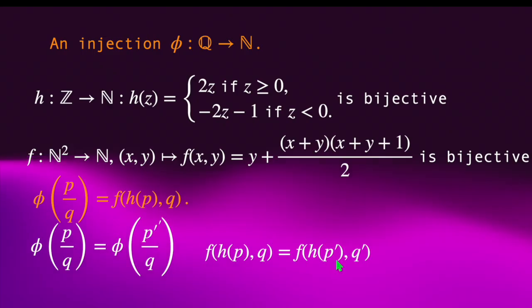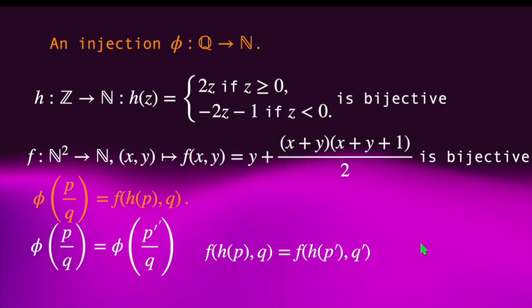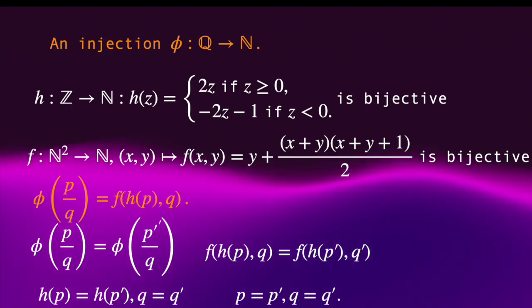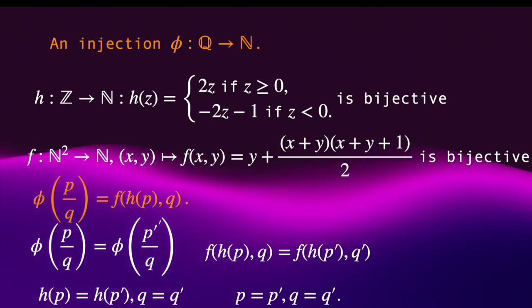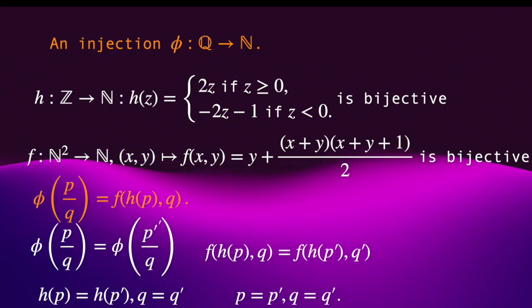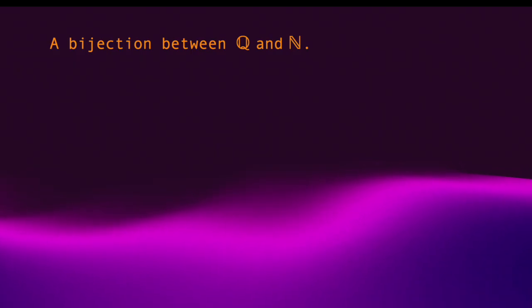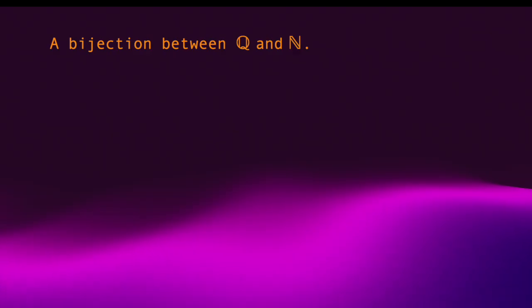Now f is a bijection, so we get h(p) equal h(p') and q equal q', and h is a bijection, and we get that p equal p' and q equal q', and we are done. Now from this injection we can actually build a bijection between rational numbers and natural numbers by using the same trick we have used for subsets of N.